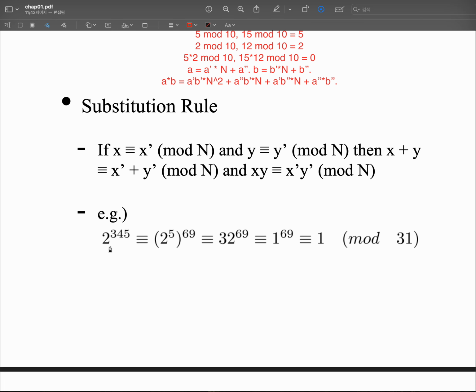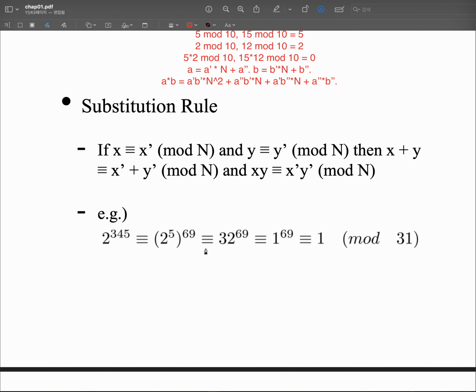So it takes a very long operation. But if this is a modular operation, then the total operation time gets very simple, okay? Because this guy and this guy and this guy are the same number over modulo 31, okay?